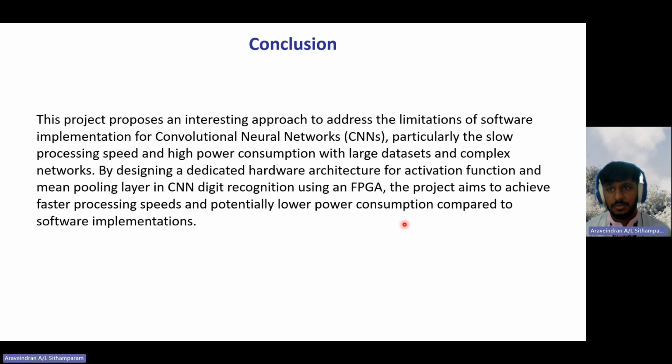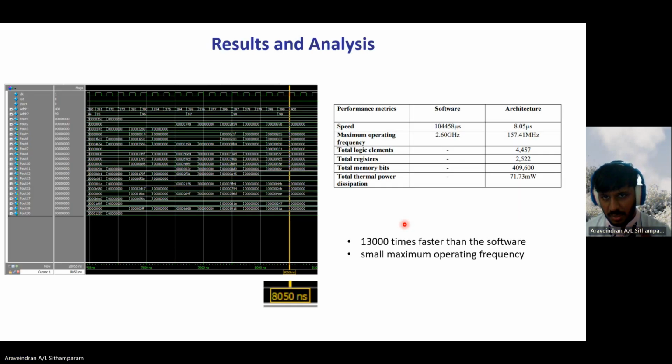This is the conclusion I get from this project. As you can see from the performance table, it uses less power consumption to produce the same sets of output compared to software.